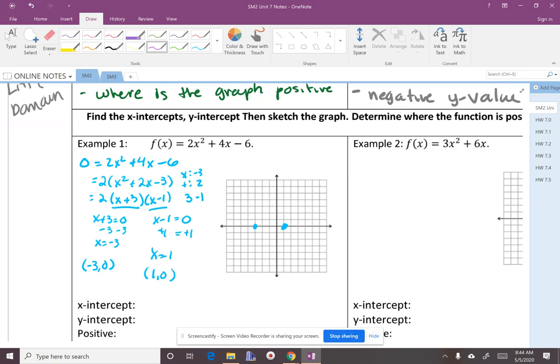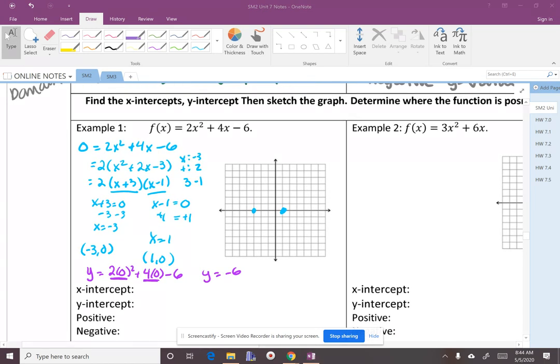So that's my x-intercept. My y-intercept tells me to make x 0, which means that y equals negative 6 because this cancels out and that cancels out. And so my point would be at 0, negative 6.